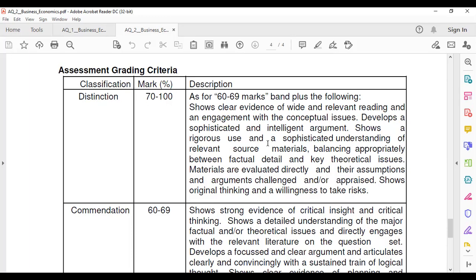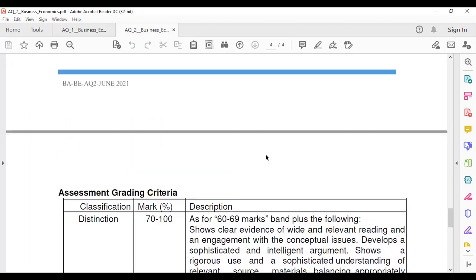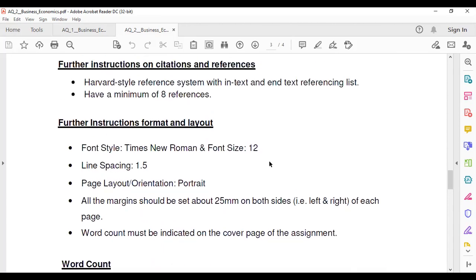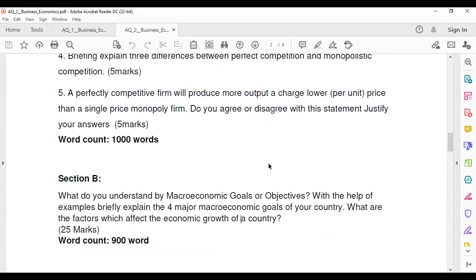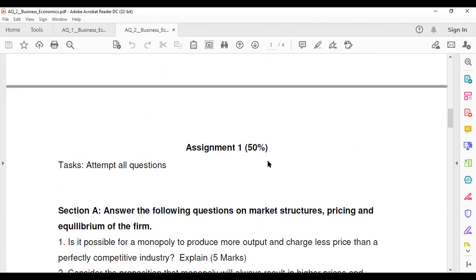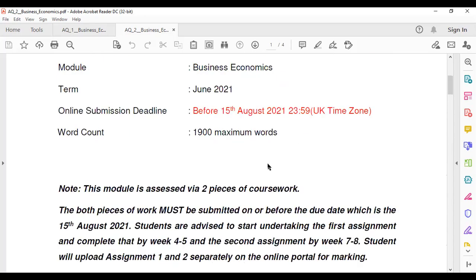Materials are evaluated directly and their assumptions and arguments challenged or appraised, and it shows original thinking and willingness to take risks. So these are the gradings. This is how your work will be evaluated, and this is for these two assignments for the module business economics.